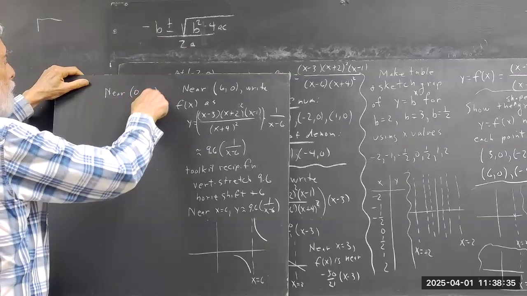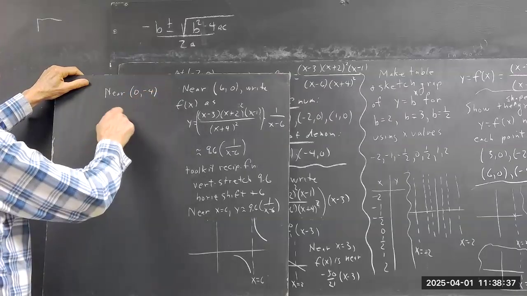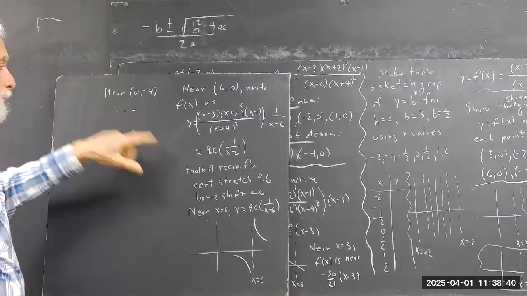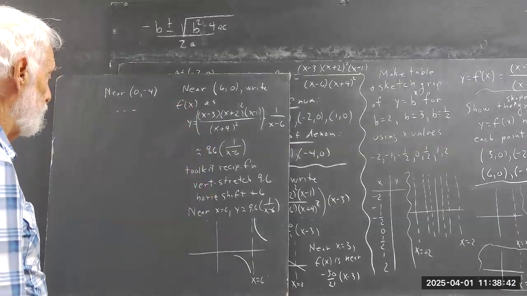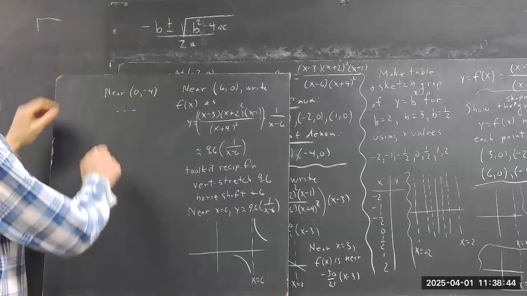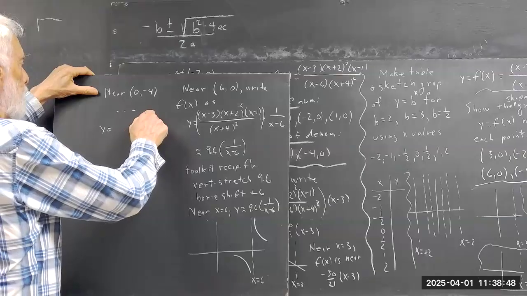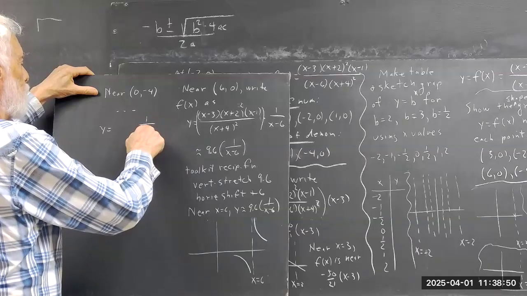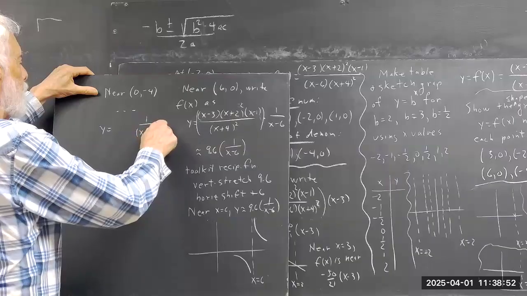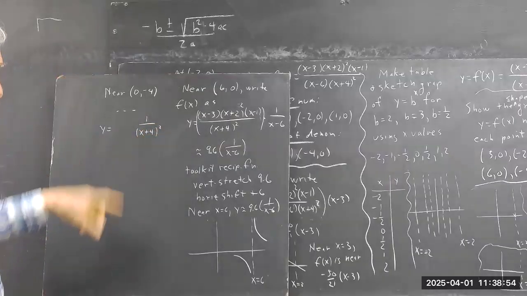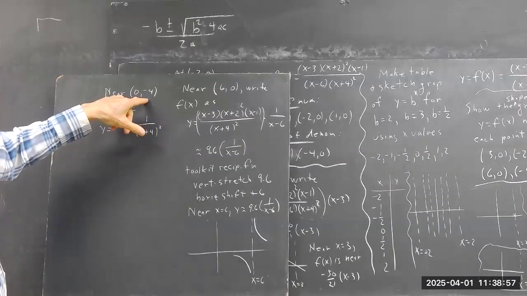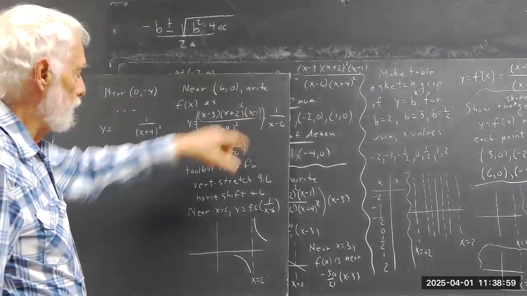Good. Putting 3 dots now, look to be all the details I've got here. Y equals something times 1 over x plus 4 squared. What's the something? It's what I get when I put -4 in for X.